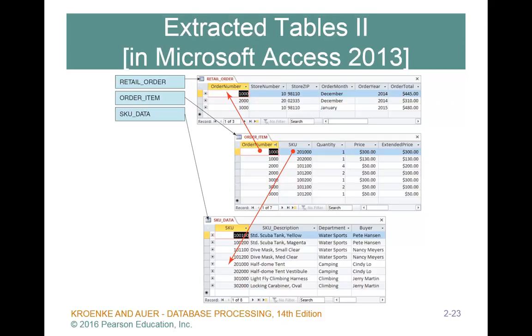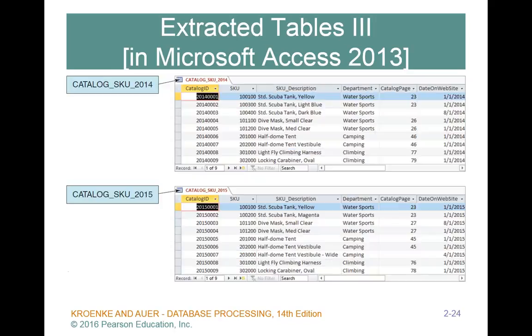So again, retail order, order item, and SKU data all have relationships, with order item having a composite key of order number and SKU to link it back to the SKU data and retail order tables. Okay. And then here's a breakdown of, again, the catalog tables with their primary keys, and the information that is collected.